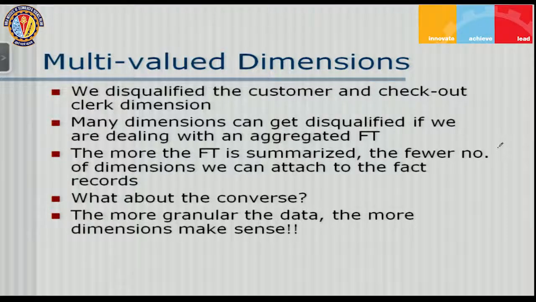Because when you aggregate the data, many of the dimensions do not apply. If I'm talking of a fact table at the daily grain, and then a fact table aggregated at the monthly granularity, maybe some of the dimensions, like promotion, may not apply, right?